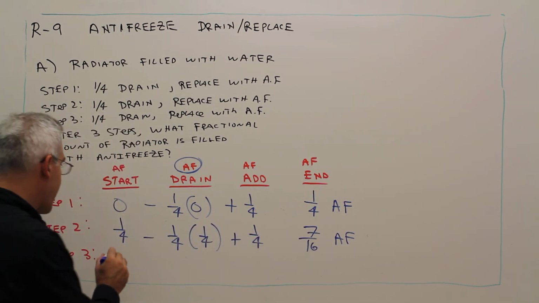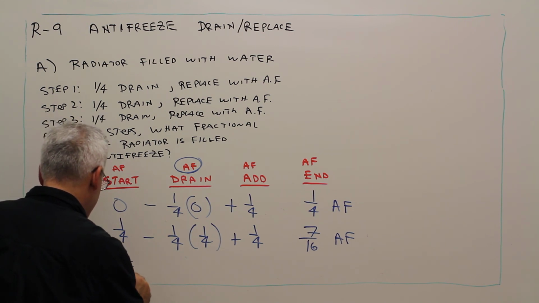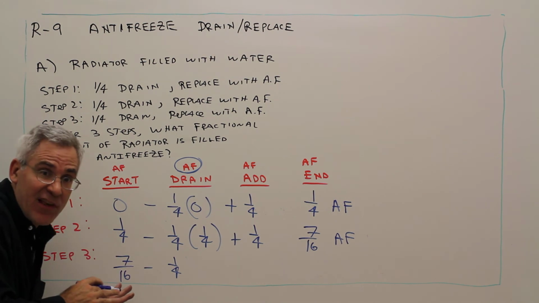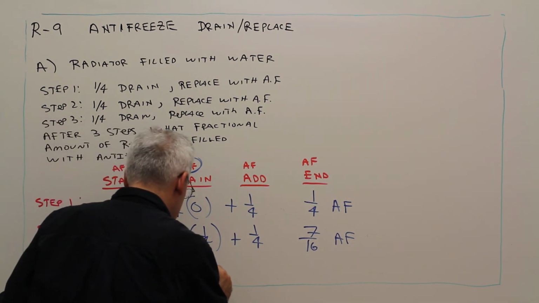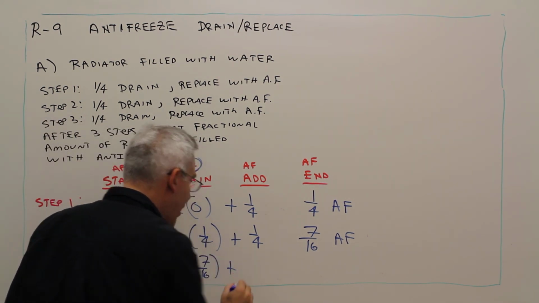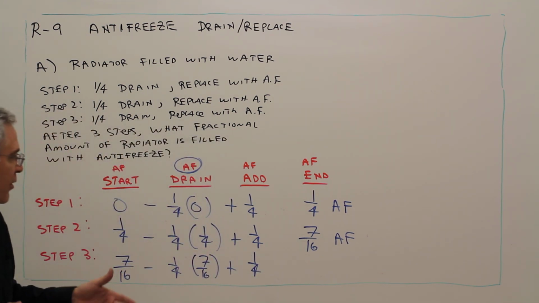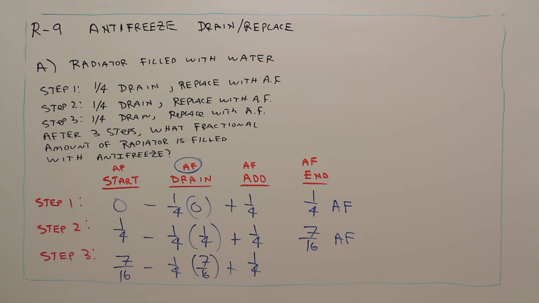Now we'll begin over here. 7/16 minus 1/4 of that 7/16 plus 1/4 of pure antifreeze. And let me show you how the calculator can help you here. So I'll use my calculator for this step.